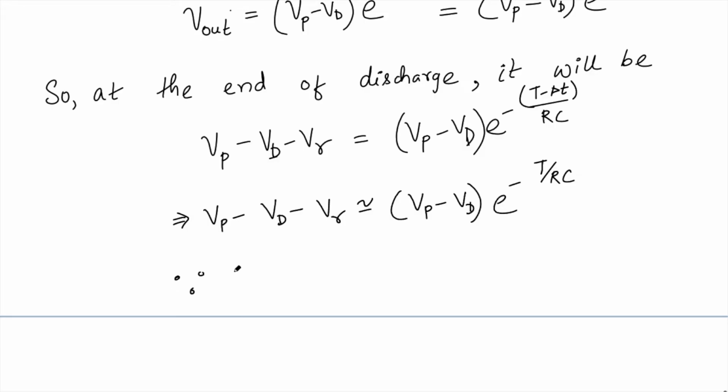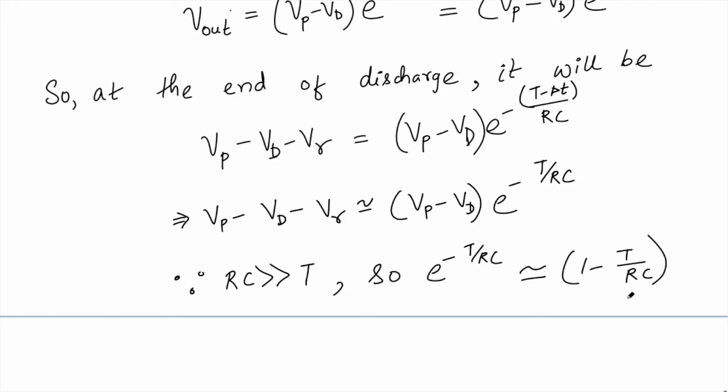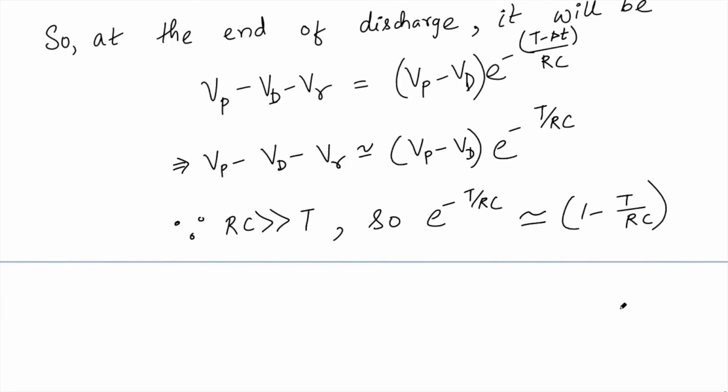Since RC is much greater than T, the time constant is much greater than the time period, e power minus T by RC can be approximated as 1 minus T by RC. Simple approximation from the mathematics, okay?